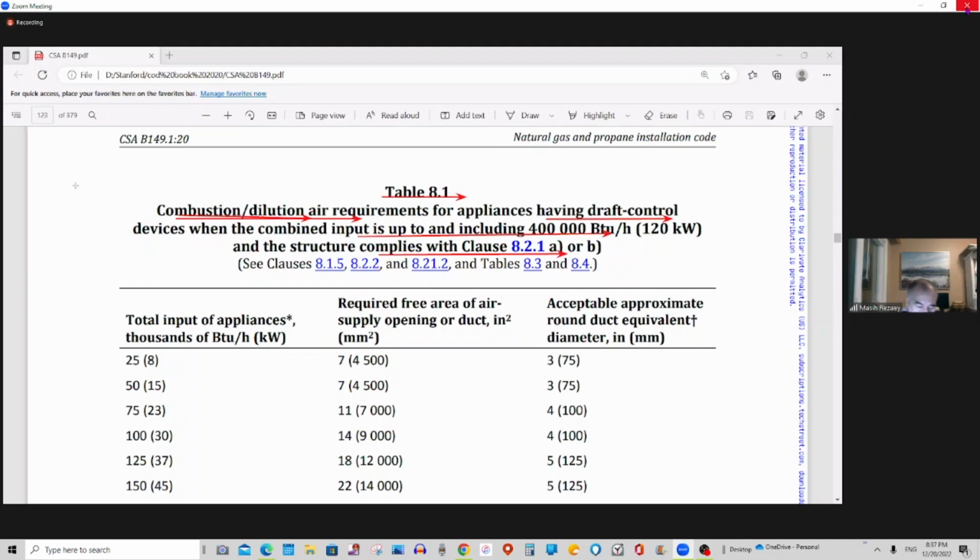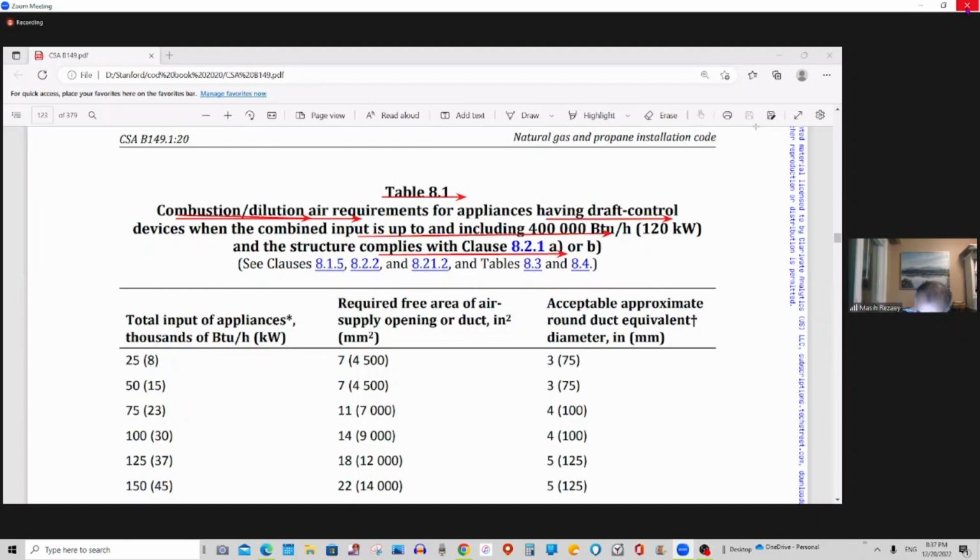Now, please, I want you to have a ruler, a piece of paper and a pen or pencil. Everybody got it? Please write it down.